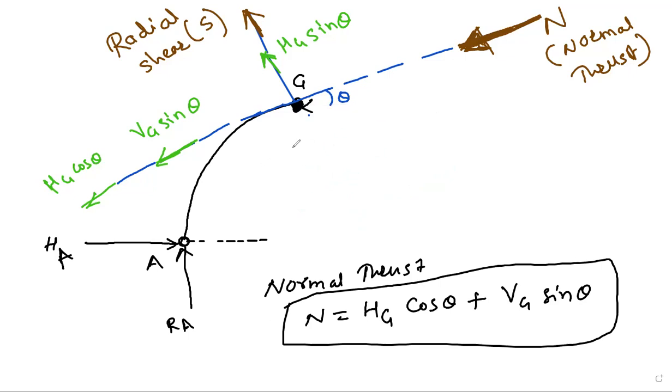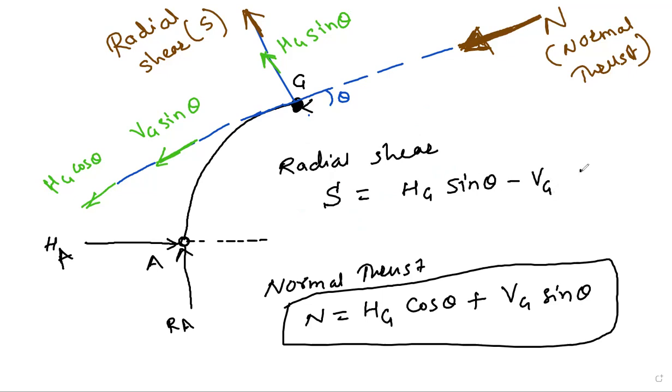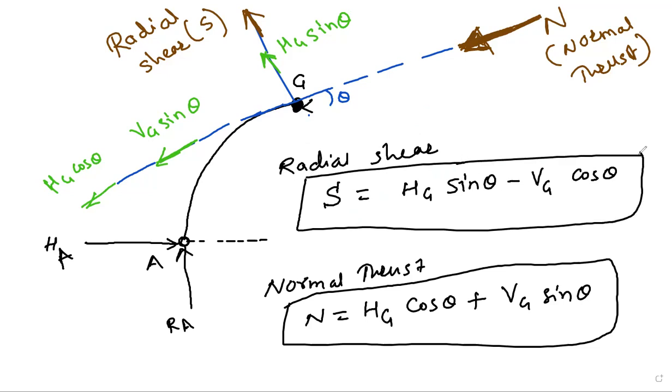The next, radial shear, S is equal to, remember this equation, HG sin theta minus VG cos theta. Right? So these are the two equations. Shall I proceed? Yes, sir.